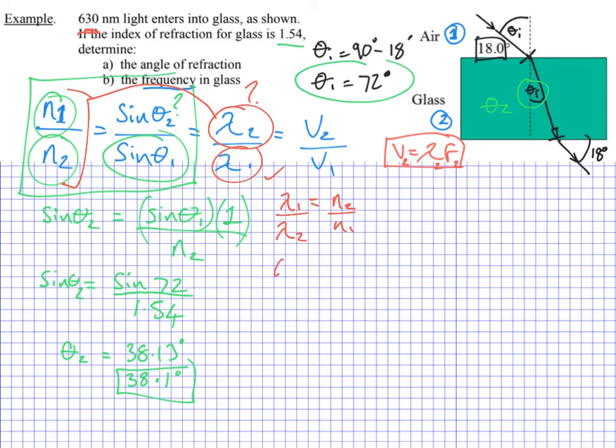So let's go 630 nanometers over lambda 2 is equal to N2, which is 1.54, that's our given, over 1.